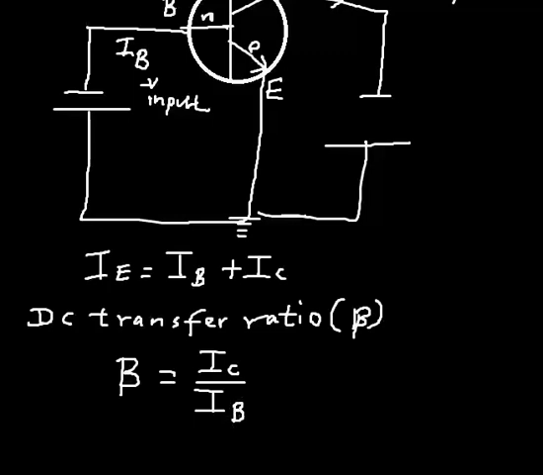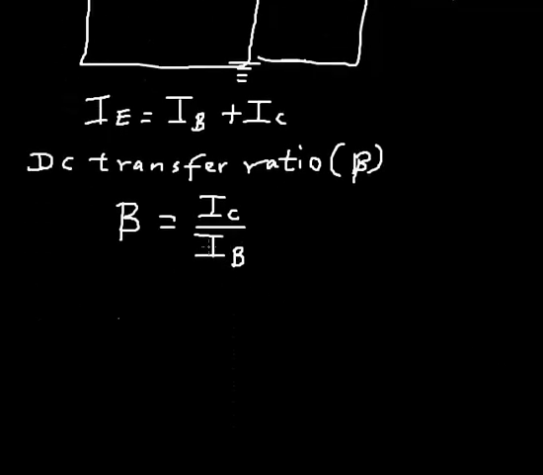So now you know what happens. If I want to get my output current IC, it is going to be equal to beta multiplied by IB. Please take note of that.